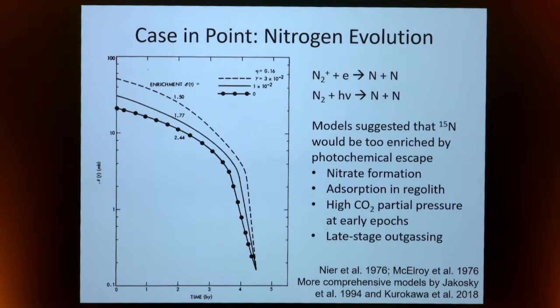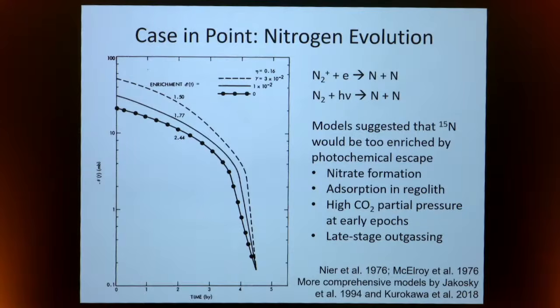So a number of ideas have been put forward to temper this isotopic fractionation effect, including nitrate formation, massive absorption in the regolith, or if you have a huge amount of CO2 at the beginning, then relatively speaking, the nitrogen escape will be less. Or, as several authors have proposed, you can have late-stage outgassing, but the late-stage outgassing has to be constrained by our records of volcanism.